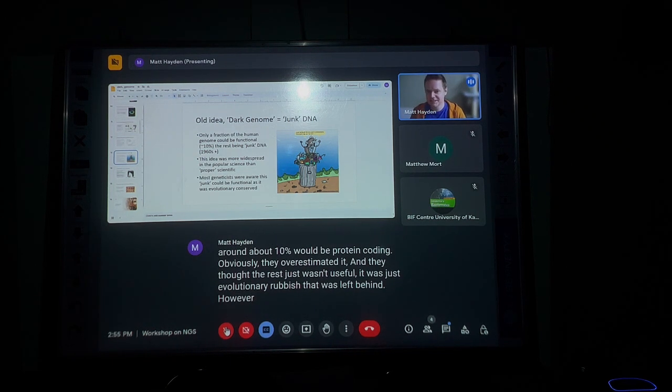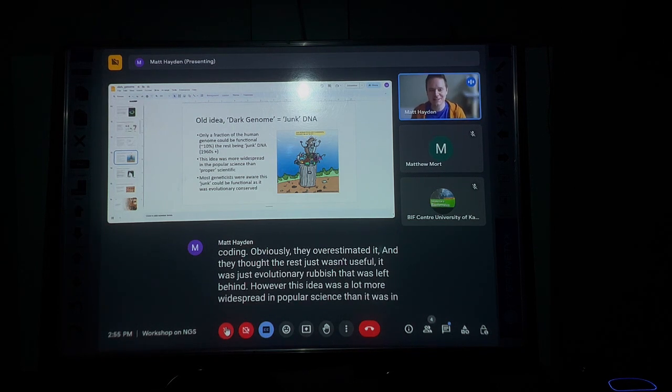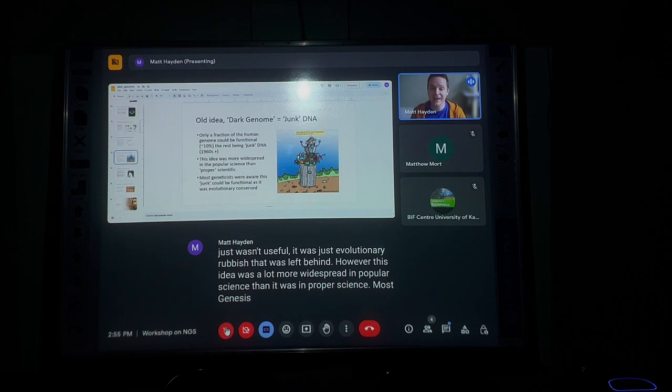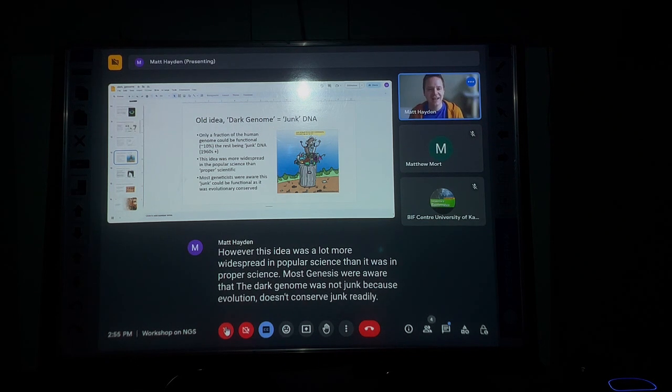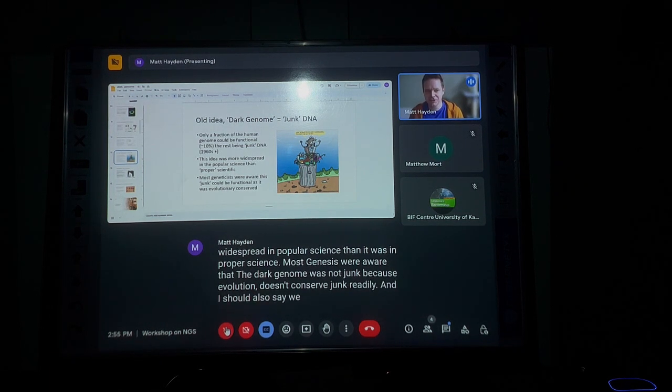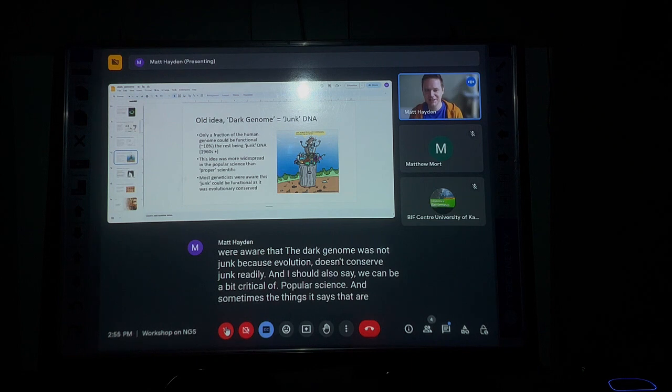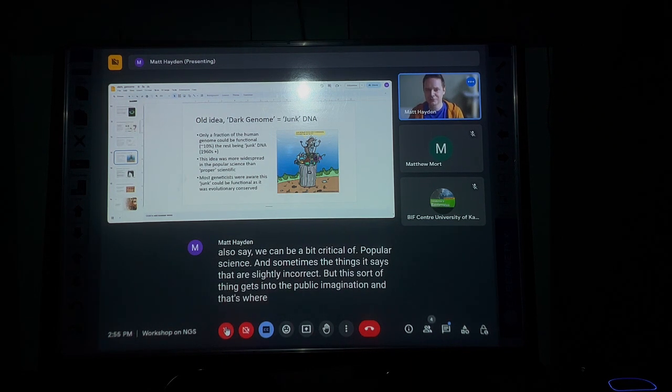However, this idea was a lot more widespread in popular science than it was in proper science. Most geneticists were aware that the dark genome was not junk, because evolution doesn't keep junk readily. And I should also say you can be a bit critical of popular science and sometimes the things it says that are slightly incorrect. But this sort of thing gets into the public imagination.